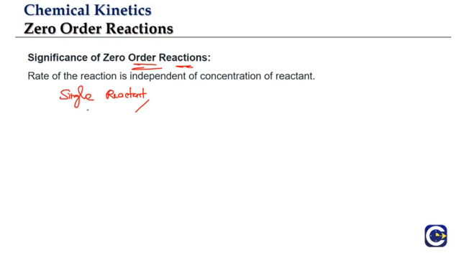So if you have a reaction which is having a single reactant, let us say there is a reactant A, straight away giving rise to products. If you have this kind of reaction, then the rate of the reaction can be expressed in terms of the rate of consumption of the reactant. So the unit rate, we discussed about this in the first video, can be expressed in terms of rate of consumption of the reactants or rate of formation of the products.